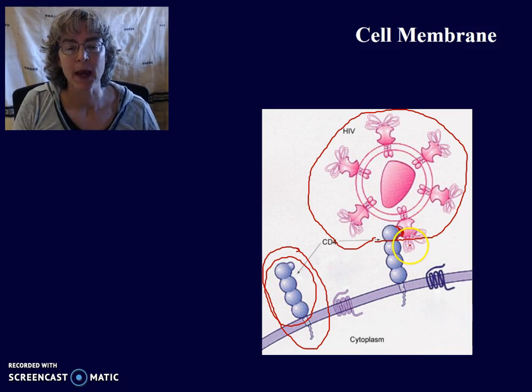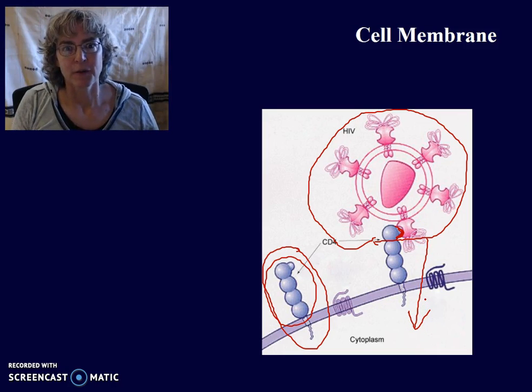So a receptor helps to communicate, to identify self. If the cell comes from, or the molecule, or if it comes from the same individual, or if it doesn't. And if it doesn't, then it can mount an attack. But if it does, then it lets it in. But the virus fools it into believing that it's part of self and actually lets it into the cell. It's a very simplified version, but that's basically what happens.